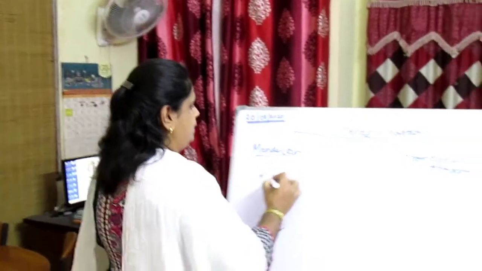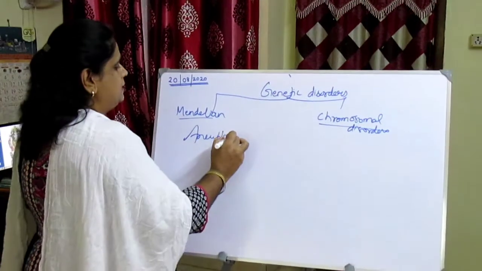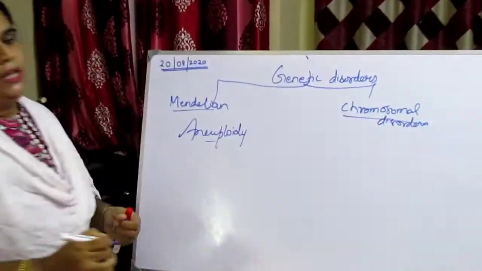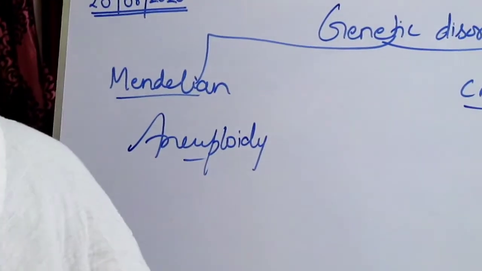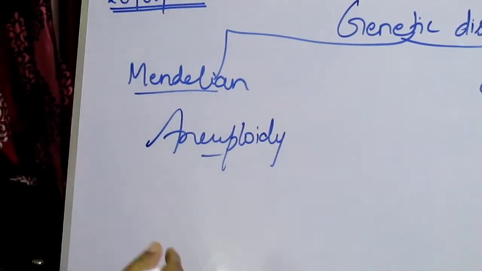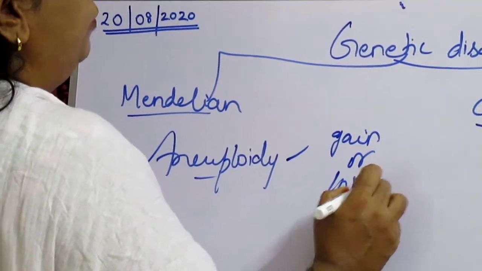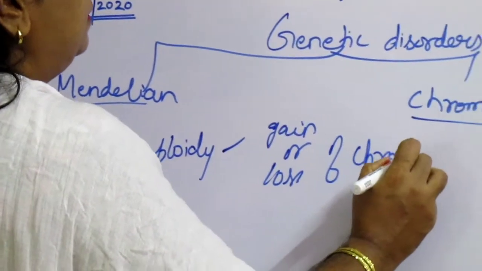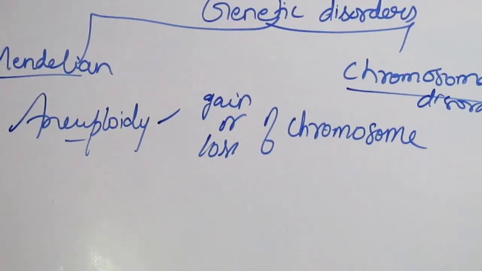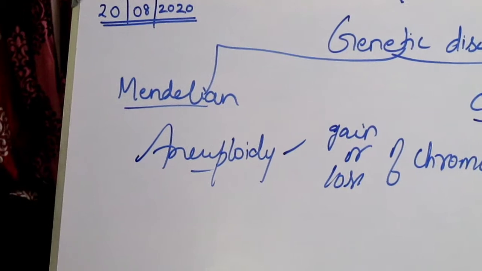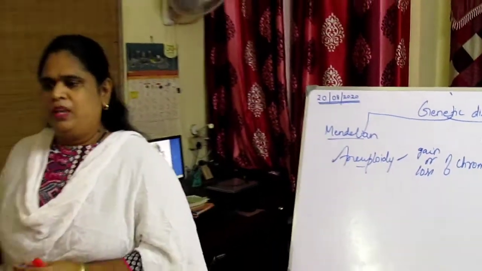You call it aneuploidy. So what does aneuploidy mean? It results in the gain or loss of a chromosome.